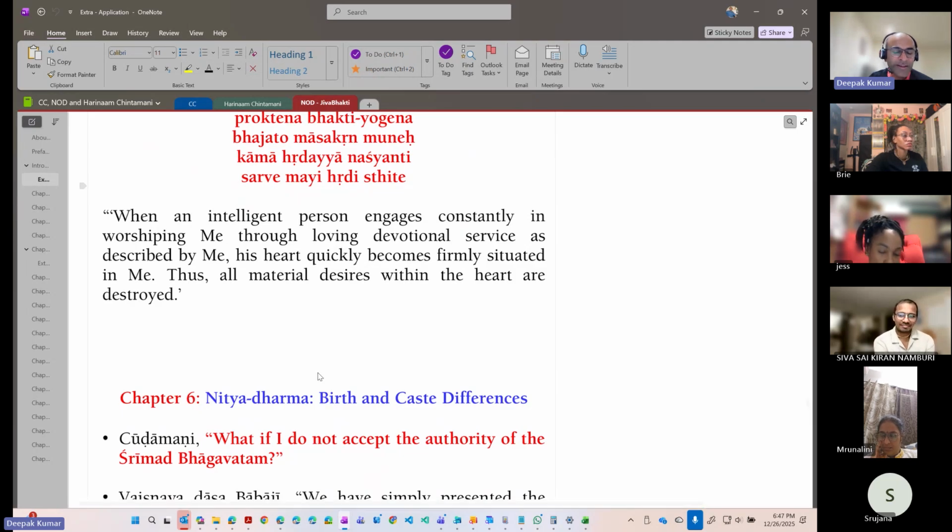This analysis is very similar to Jiva Goswami's work, what we are studying in the Krishna Sandarbha: taking all the points and putting them together to prove a point, bringing these points from the Shastra, the scriptures, to show that this is not something I say or you say. These have all been derived and understood on the basis of the same scripture from where this definition of Uttama Bhakti is coming.